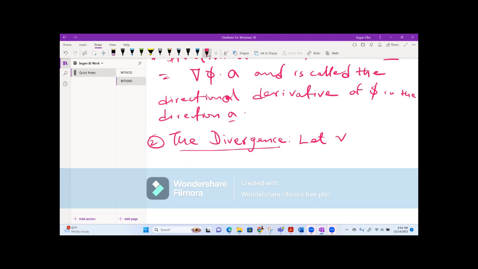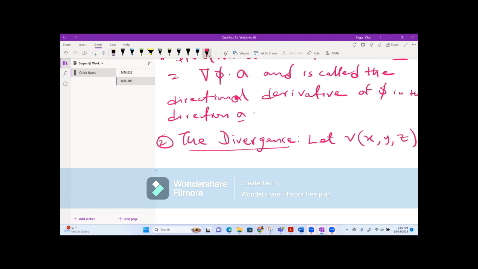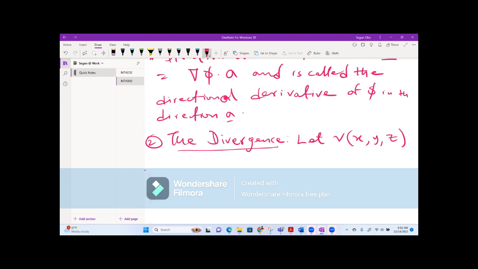Let V of x, y, z be equal to V1 i plus V2 j plus V3 k.